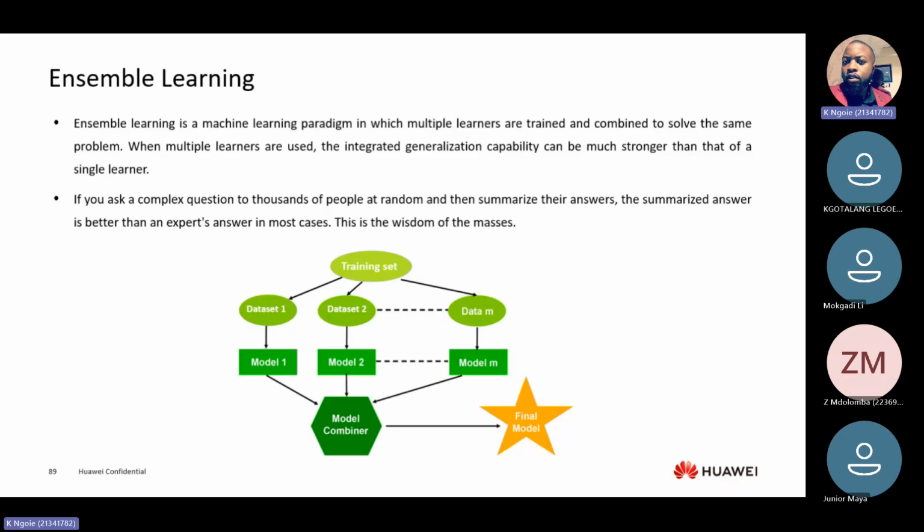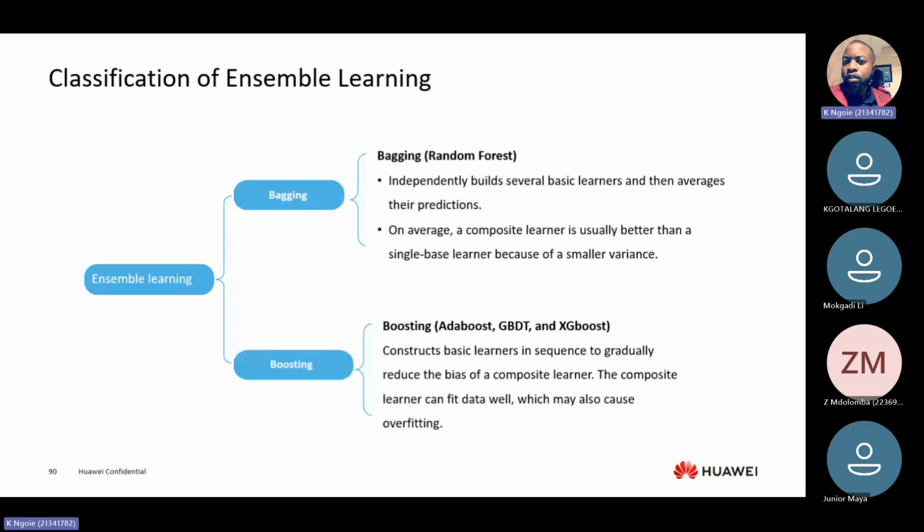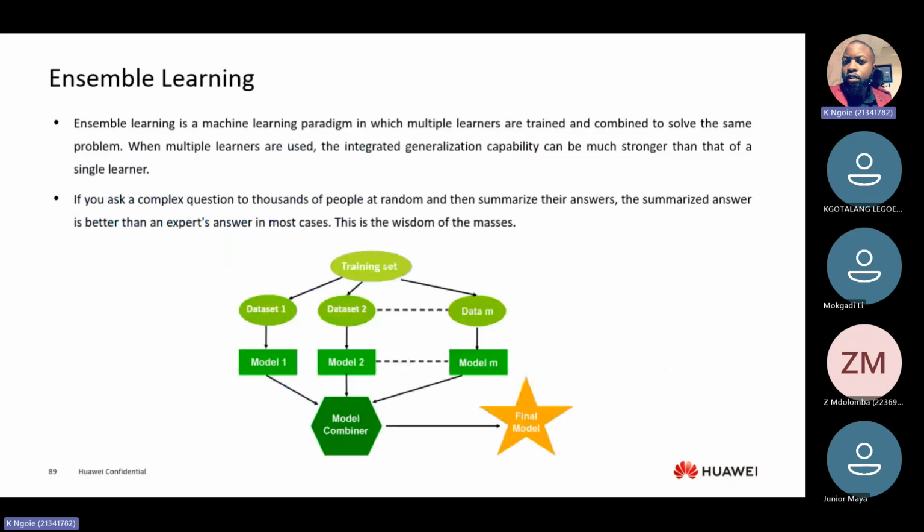Then you take a model combiner and combine all the models together to get the final model. So that is just a method. Ensemble learning means that we are creating a model by dividing the data and creating multiple models.